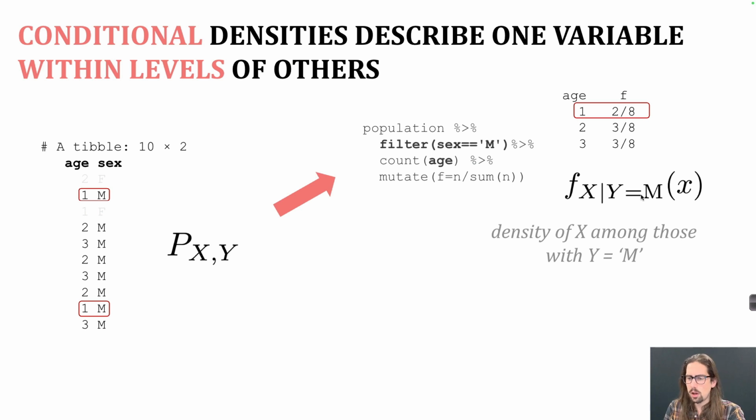So this is what is called the conditional density of x among those, or in the subpopulation where y equals m. This is the notation we use here. The f is saying this is a density, and then the thing down here is the density of what?